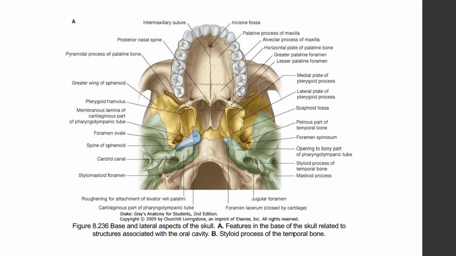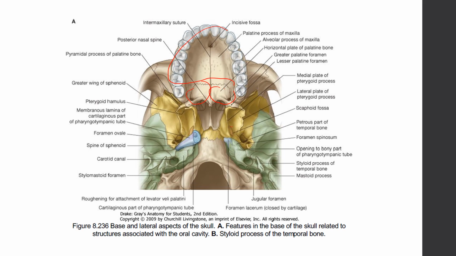Here we can see the same view of the inferior aspect of the skull. Here we can see the maxillary bone, the horizontal plates of the palatine bone, and colored in yellow color is the sphenoid bone. When learning about the attachments of the palatine muscles, it's important to know about some features of the sphenoid bone from this view.